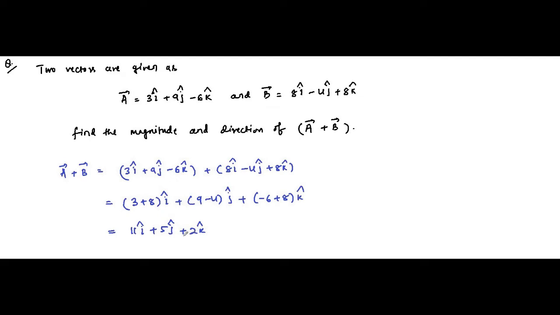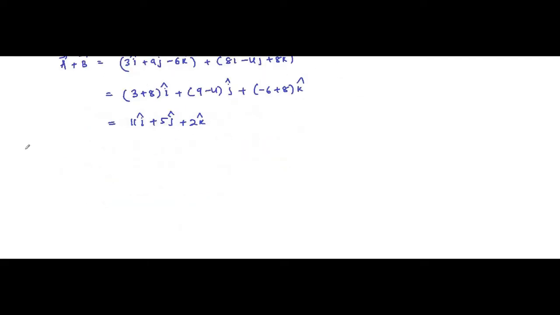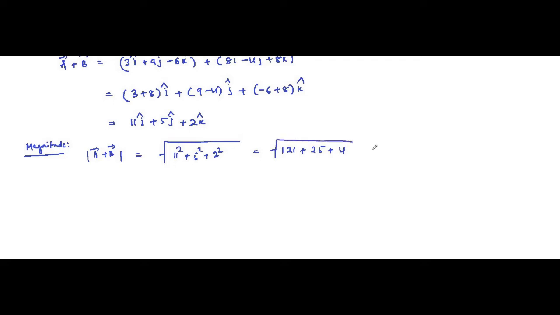Now we have to find out the magnitude. The modulus of the vector is simply the respective components squared and then the root over. 11 square plus 5 square plus 2 square is equal to 121 plus 25 plus 4, that is equal to root over of 150.